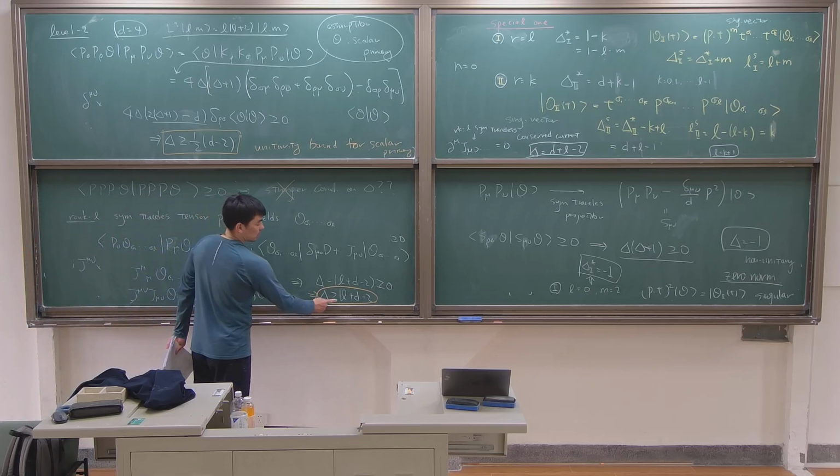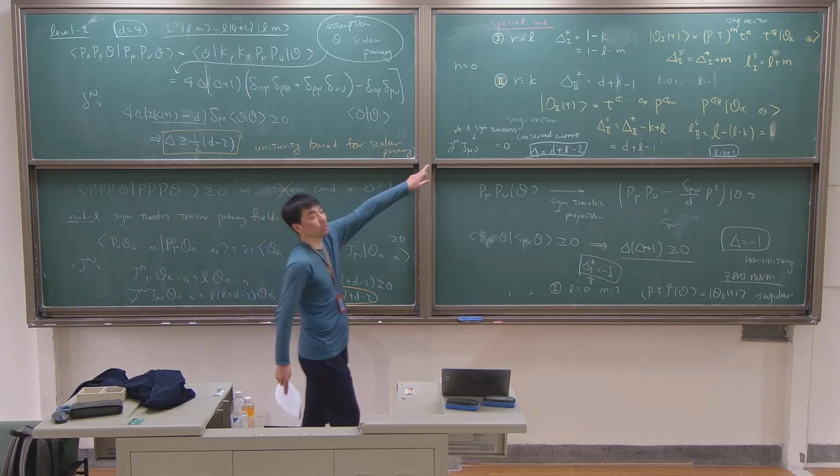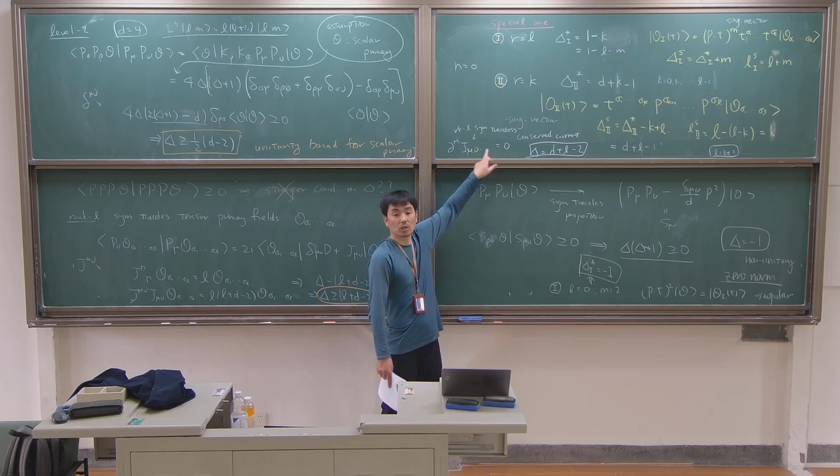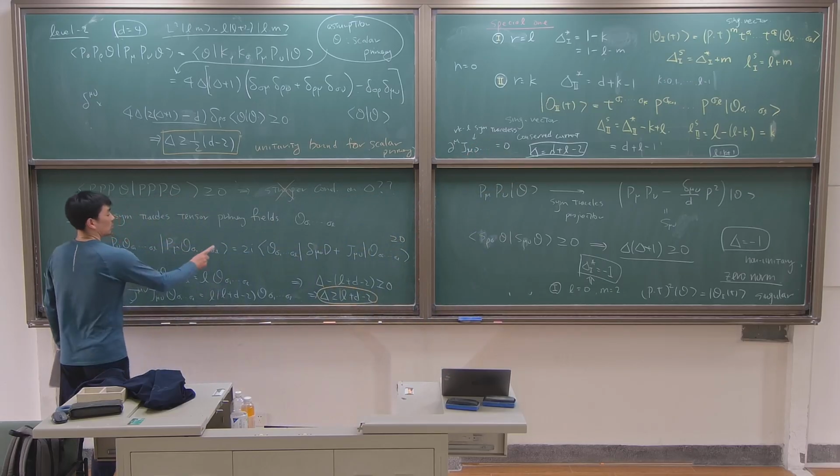And when this is saturated, this norm is equal to 0. This is exactly corresponding to this current conservation. P acts on this state is equal to 0, this state is equal to 0.